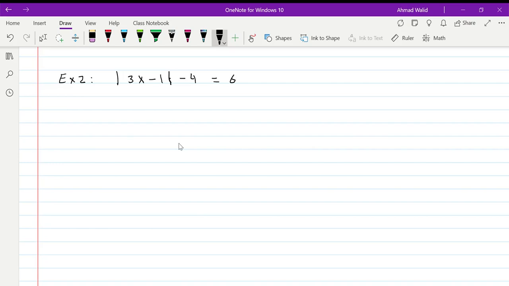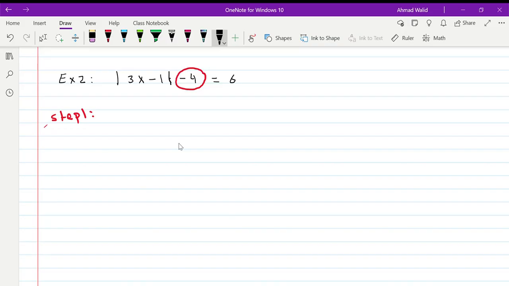If you see a number outside of the absolute value, another operation, your step 1 in this case is to move that number to the right side of the equation before removing the absolute value sign. Remember, make a note.